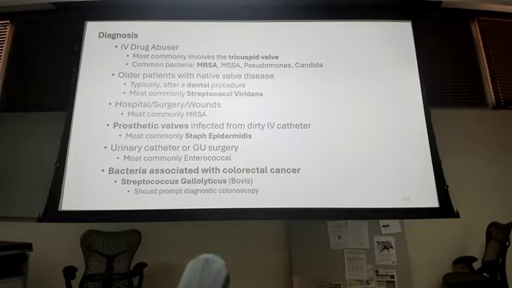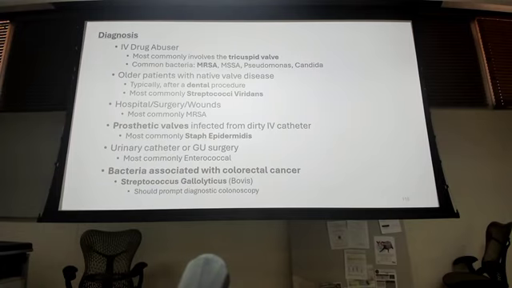But it typically takes 24 to 48 hours to get any kind of information from cultures that you do. So how do you know which antibiotic regimen you should put them on? That comes from the risk factors. What is the suspected etiology of this infective endocarditis?